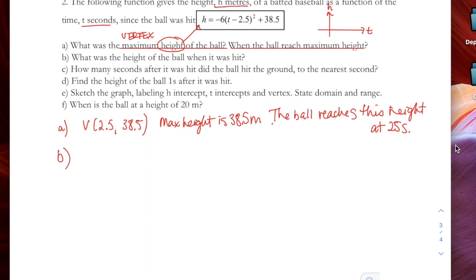Now, this might not be intuitive to you, but if you think about it, you don't hit a baseball from the ground. You hit it from a bat, which presumably is in someone's hand, which is presumably not on the ground, but at probably between waist and shoulder height.